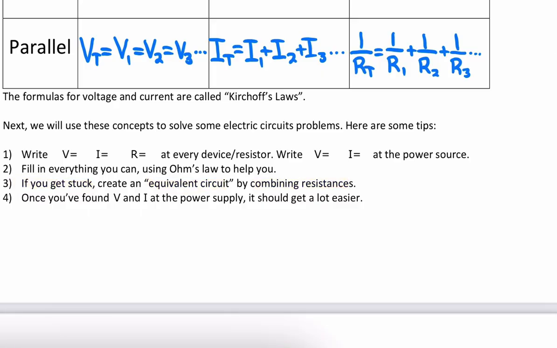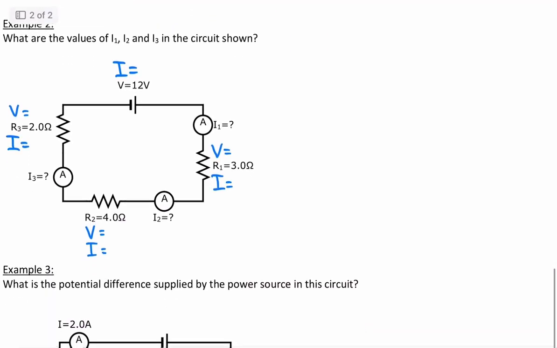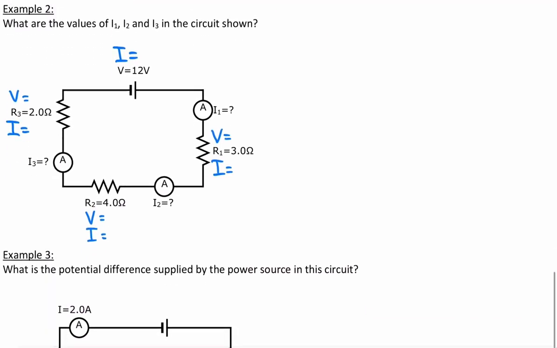I'll show you what that looks like. These resistances that I have here, 1, 2, 3, they are all in series, and I'm going to combine them and replace them with a single resistor that has the same effect. And then I'll redraw the circuit.